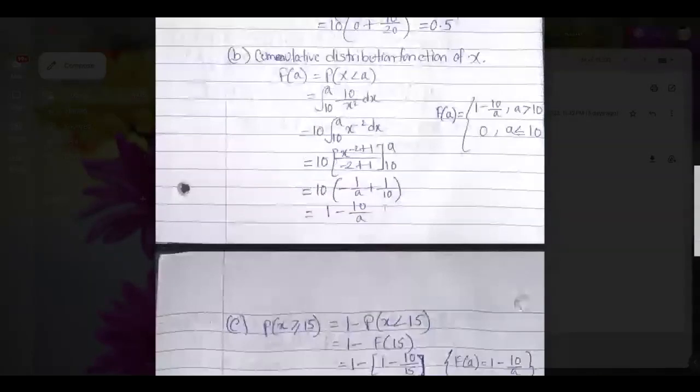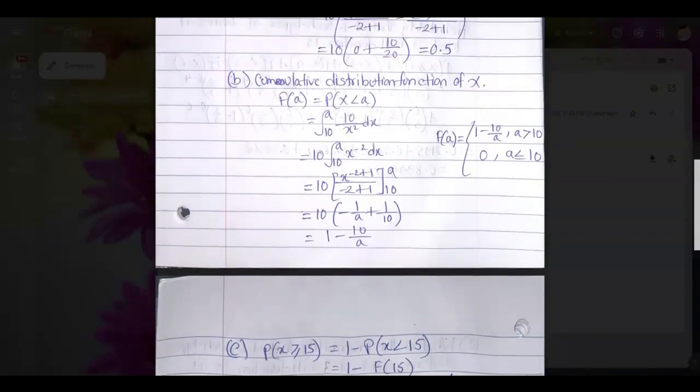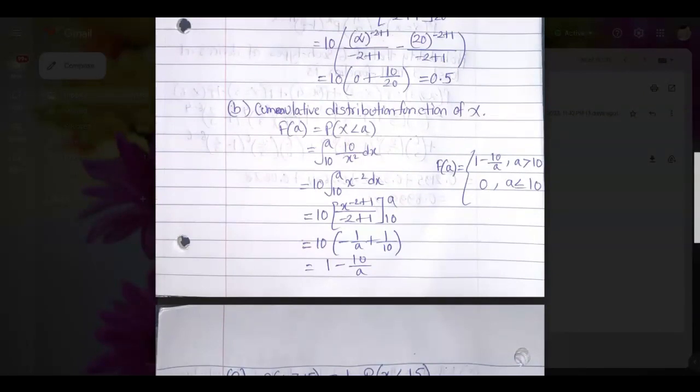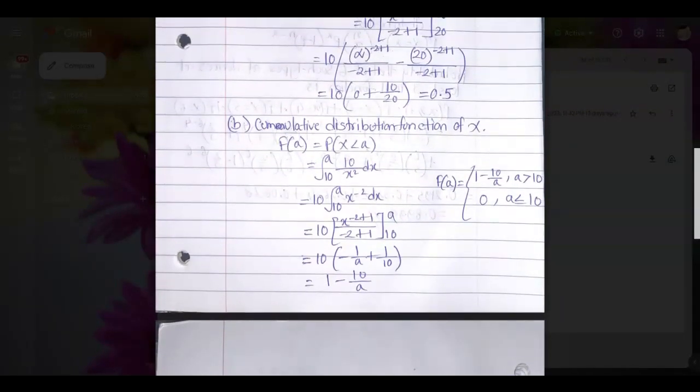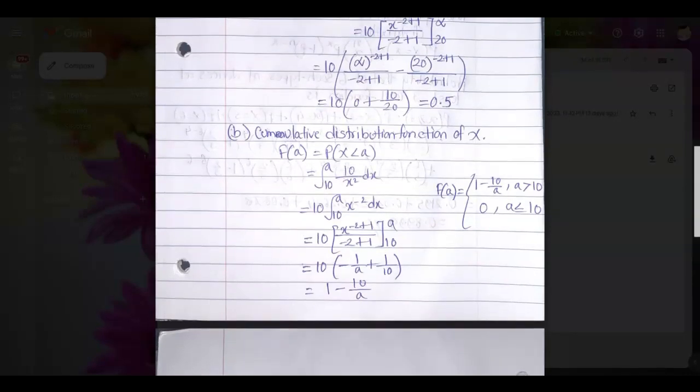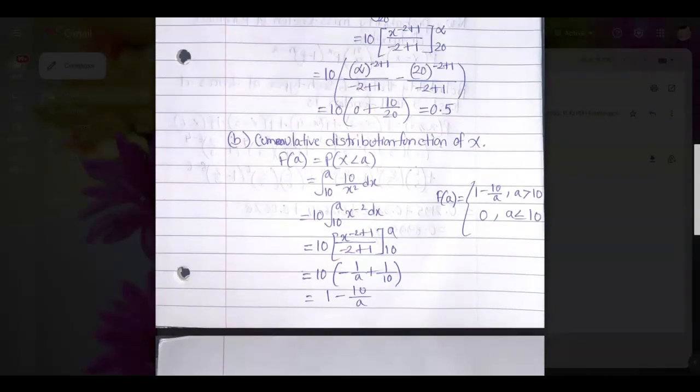Hold on, Zakia. The cumulative probability. Oh, I see your point. Well, a has to be greater than 10. Do we need to define a greater than 10? Because this is not a density function. But maybe you're right, maybe you define a.